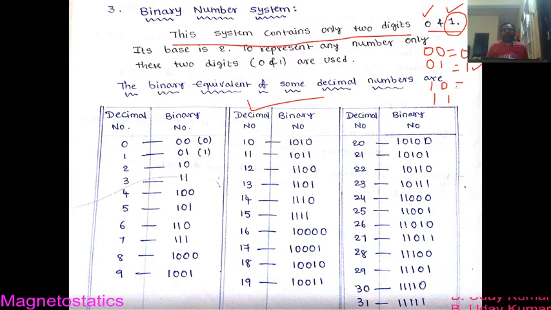And you know that in case of decimal number system, after 1 what do you get? You get 2, right? And after 2 what do you get? You get 3. So that is what you get here. So in case of decimal, 0 will be written as 0 in binary.